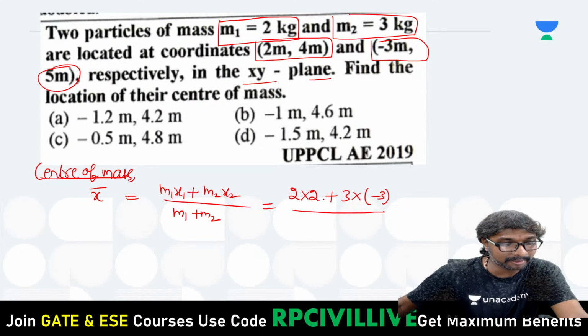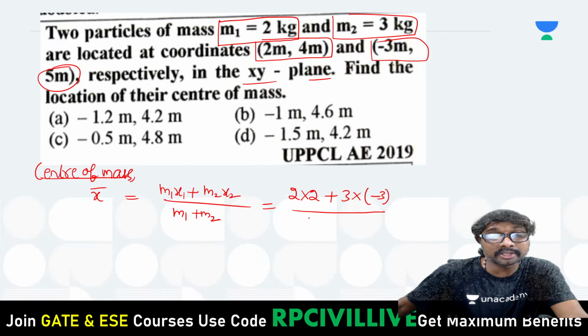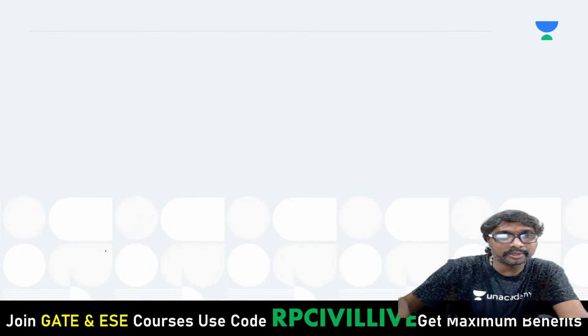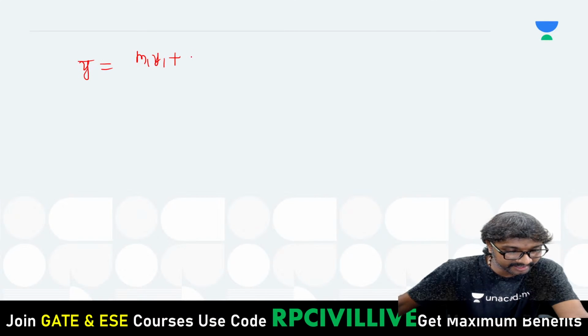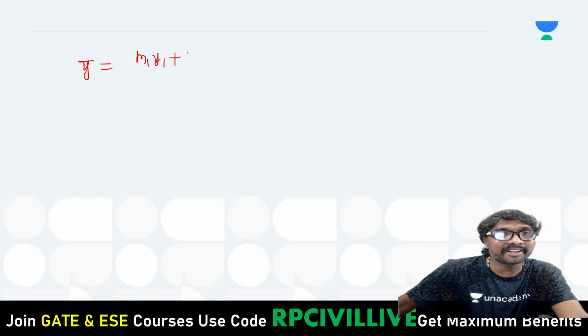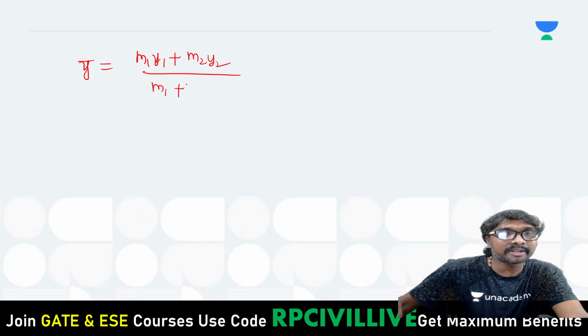Yes, this is a formula, don't worry. m1 plus m2 is 2 kg plus 3 kg, and you'll get this x bar. Now similarly, y bar is equal to m1 y1 plus m2 y2 divided by m1 plus m2.